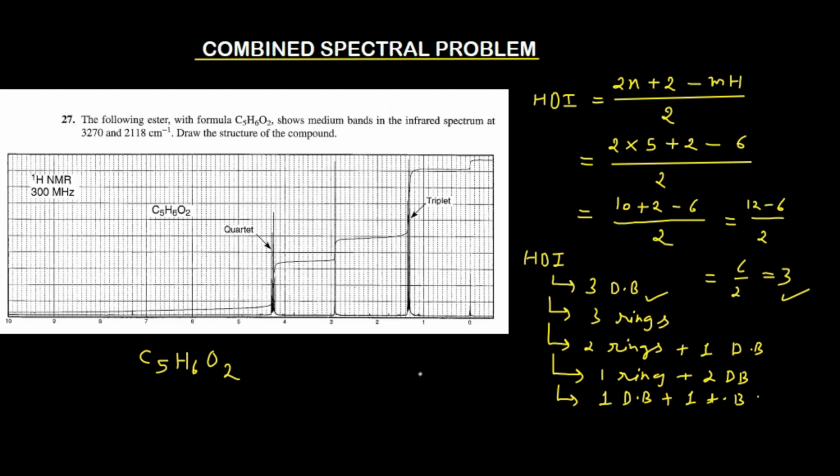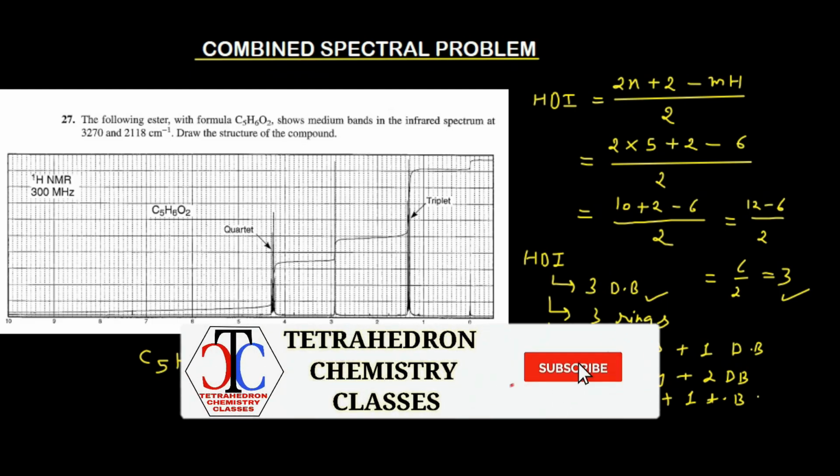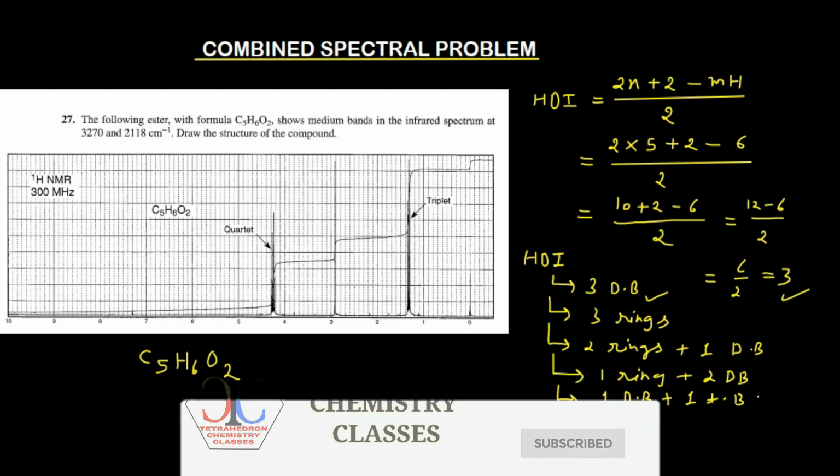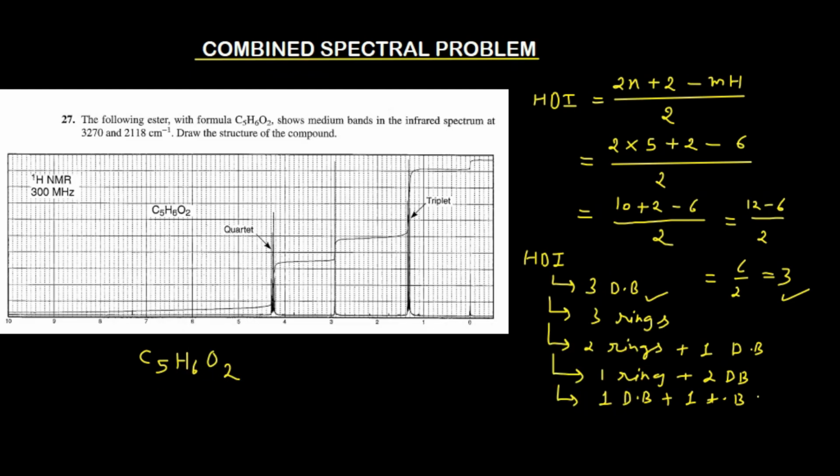Lower cyclic compounds like cyclopropane, cyclobutane and other heterocyclic compounds are also not possible, because the NMR is very simple and it is already given in the question that this is an ester. Okay, so based on the information given in the question, you can quickly discard possibility second, possibility third, possibility fourth. So you are left with the 3 double bond possibility and the 1 double bond plus 1 triple bond possibility.